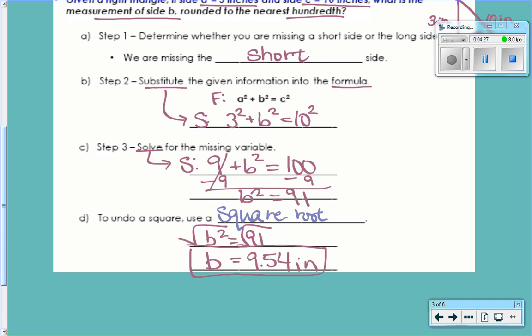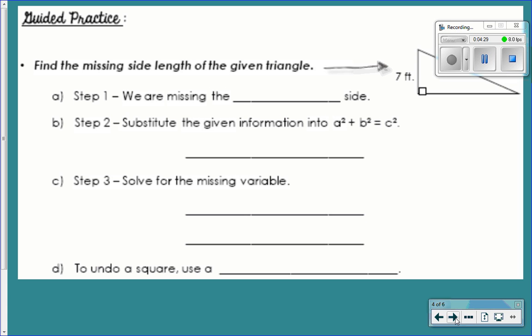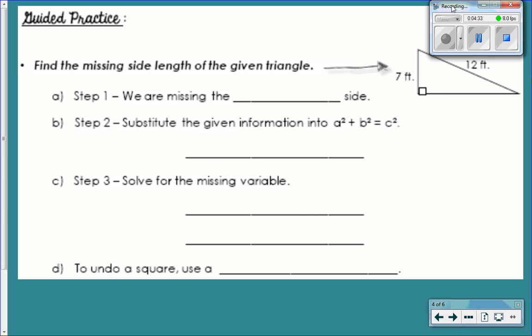Okay. Turn it over to the back and complete this problem with your table. All right, we are finding the short side. We're already given the formula, and she has substituted our numbers in. And now she's solving.